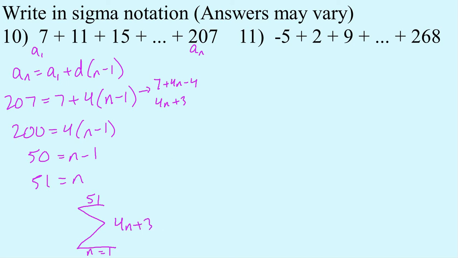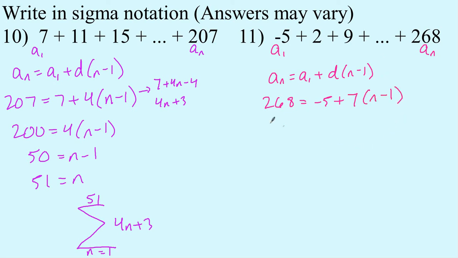Now let's try 11. We have our first term and our nth term. Another arithmetic. So we get 268 equals negative 5 plus our difference, which is adding 7 each time.